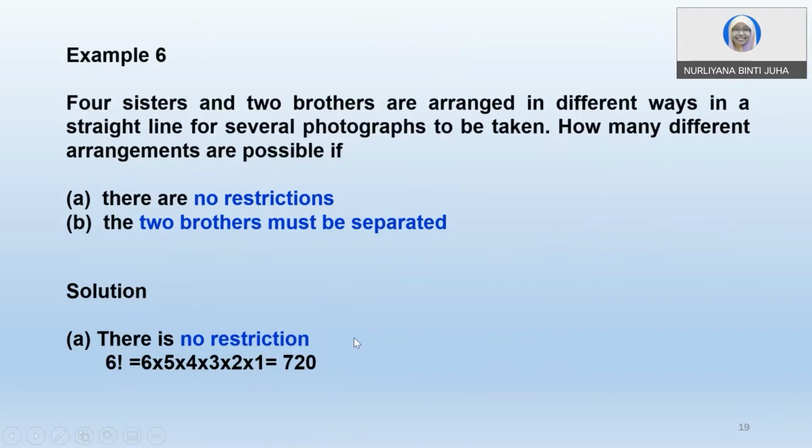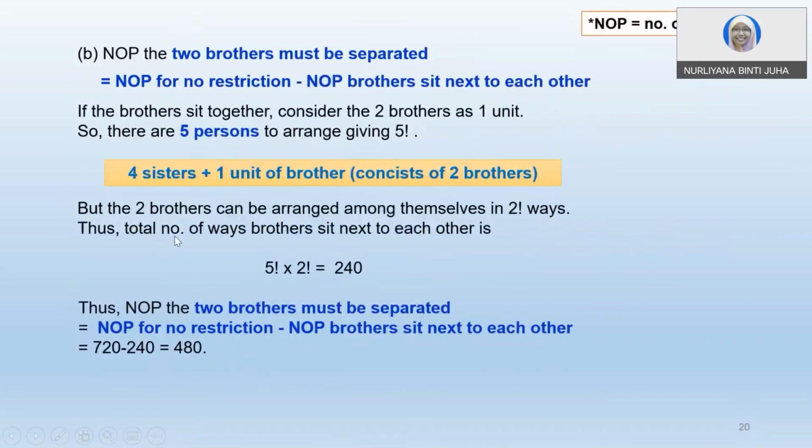Okay. And then we have for B, the 2 brothers must be separated. Meaning that the number of permutations, NOP here is number of permutations, for the two brothers to be separated is actually equal to the number of permutations for no restriction, because this is the total.